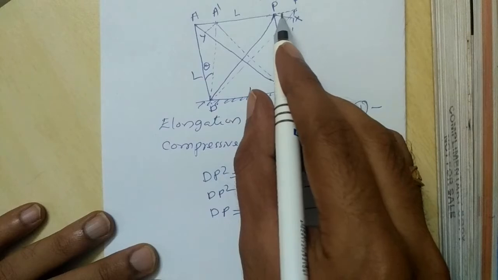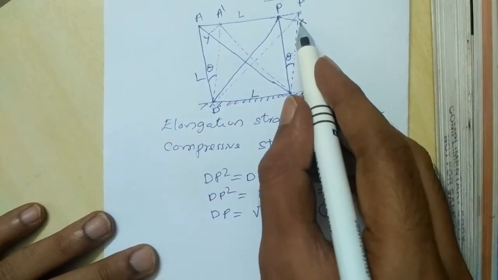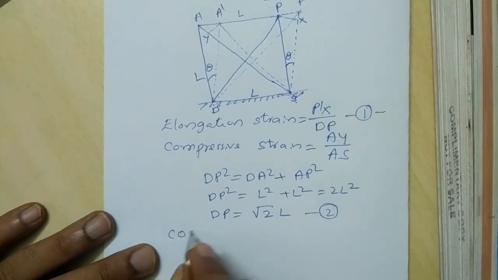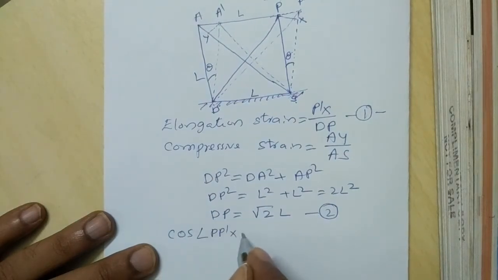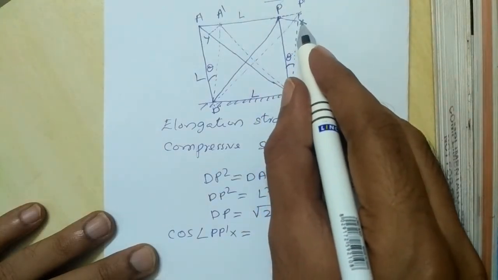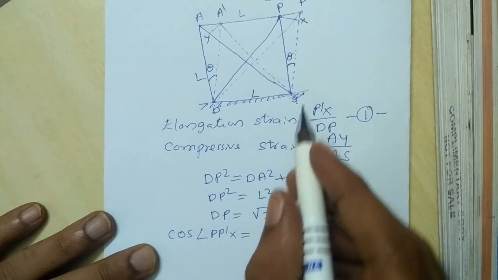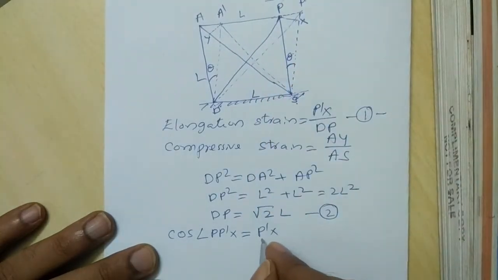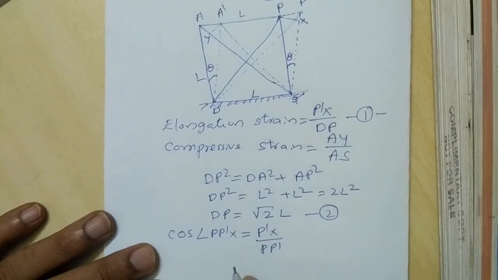Yes, now consider this diagram. So here in this diagram, what is cos of angle PP dash X? Cos angle PP dash X is equal to P dash X divided by PP dash.